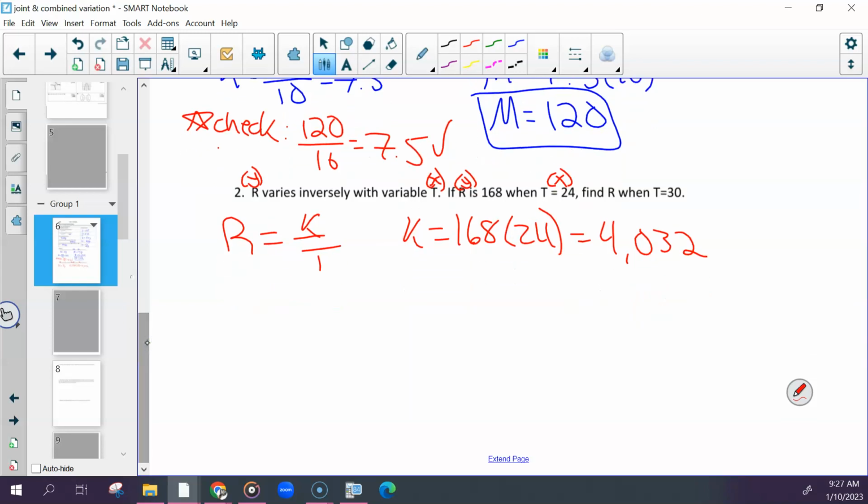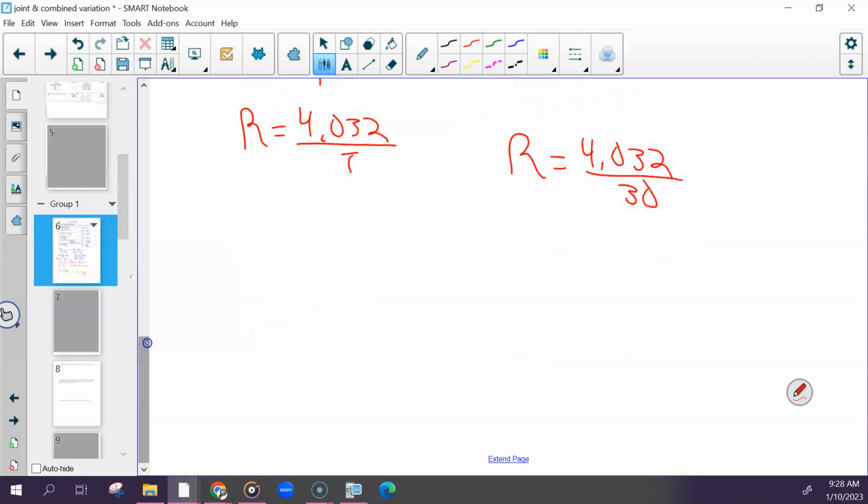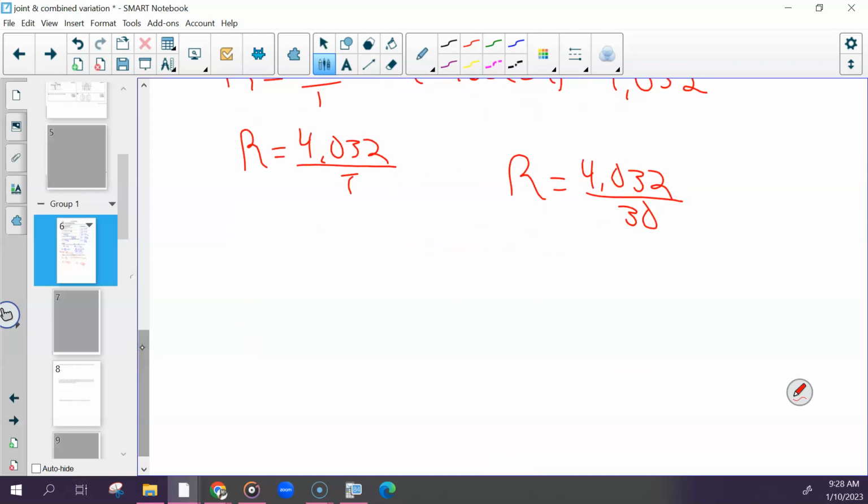Put that into your equation. So R equals 4,032 over T. Now we're looking for R when T is 30. Divide that and tell me what R is.